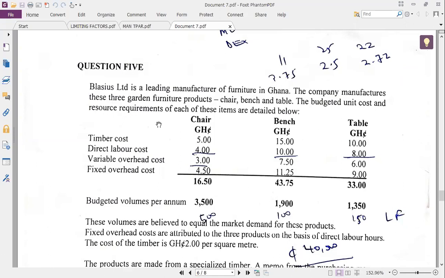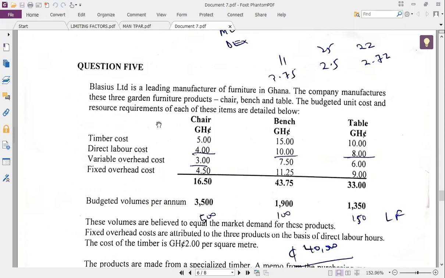Now, these volumes are believed to equal the market demand of this product. So it means that this is the market demand. Fixed overhead costs are attributed to the 3 products on the basis of direct labor hours. Okay. The cost of timber is 2 Ghana cedis per square meter.